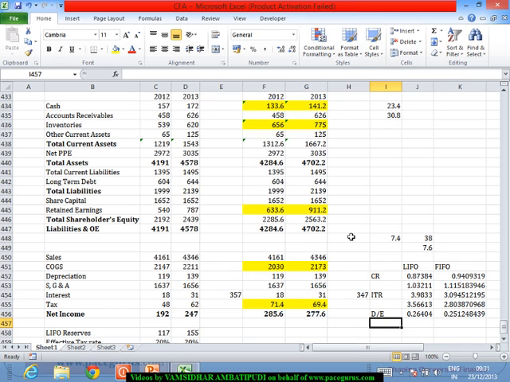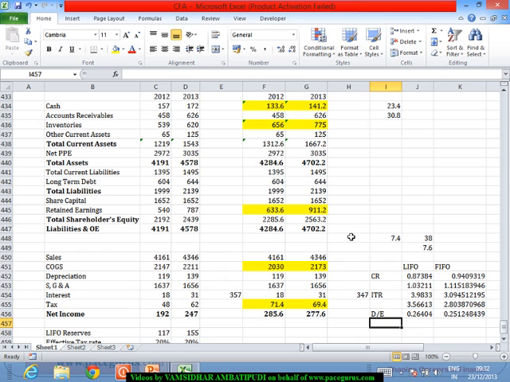Equity will go up because the inventories are going up. Inventories going up means cost of goods sold is coming down, and because of that the net income is going up, which will result in the retained earnings also going up. So we will see the debt to equity ratio will be higher in case of LIFO compared to that of the FIFO method.